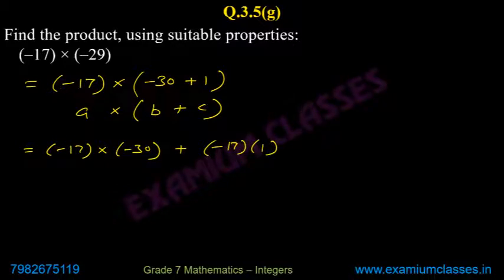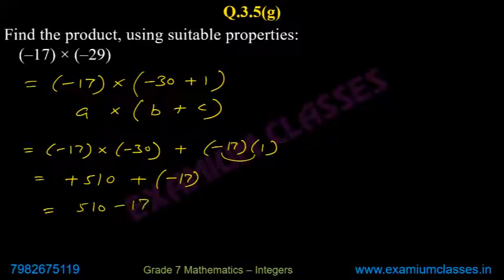Yes, Ashrit, Arush, correct answer. Minus into minus plus, 17 threes are 51, 10 was anyway there. Then plus minus into plus, minus 17. That is 510 minus 17, 490.